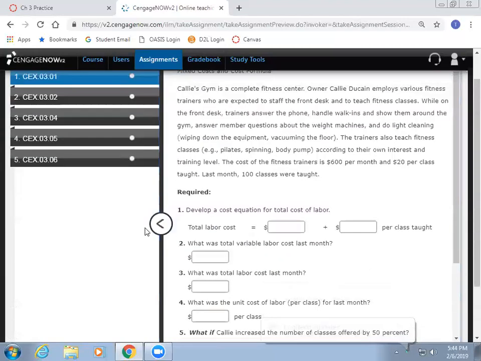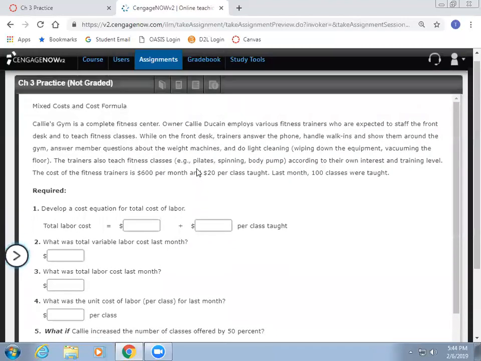So Chapter 3 is all about cost estimation. The whole purpose of this chapter is really establishing cost equations and understanding fixed and variable costs, how they work together to calculate total costs. So that's kind of our goal, looking at data and being able to estimate costs and how costs function.